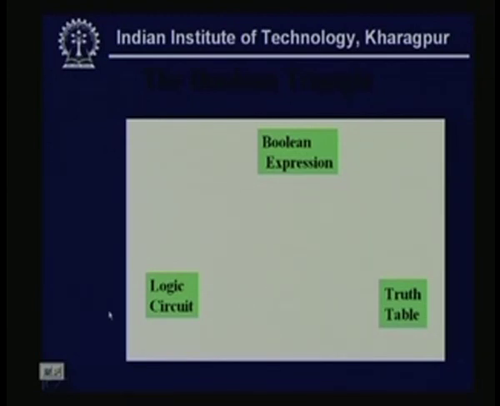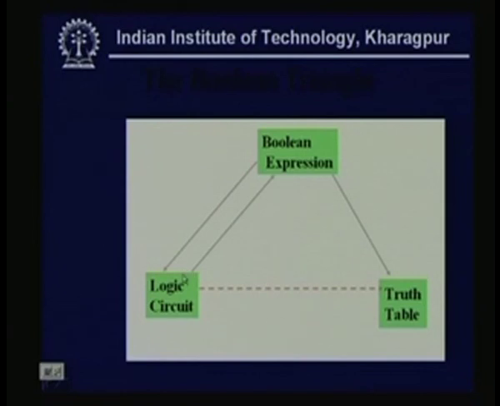Now, last day we saw some Boolean expressions, that means given a digital design to be built, first we identified some of the expressions or the truth tables. We saw how the truth table can be built up from the Boolean expressions, and again from the Boolean expression the logic circuits can also be built up.